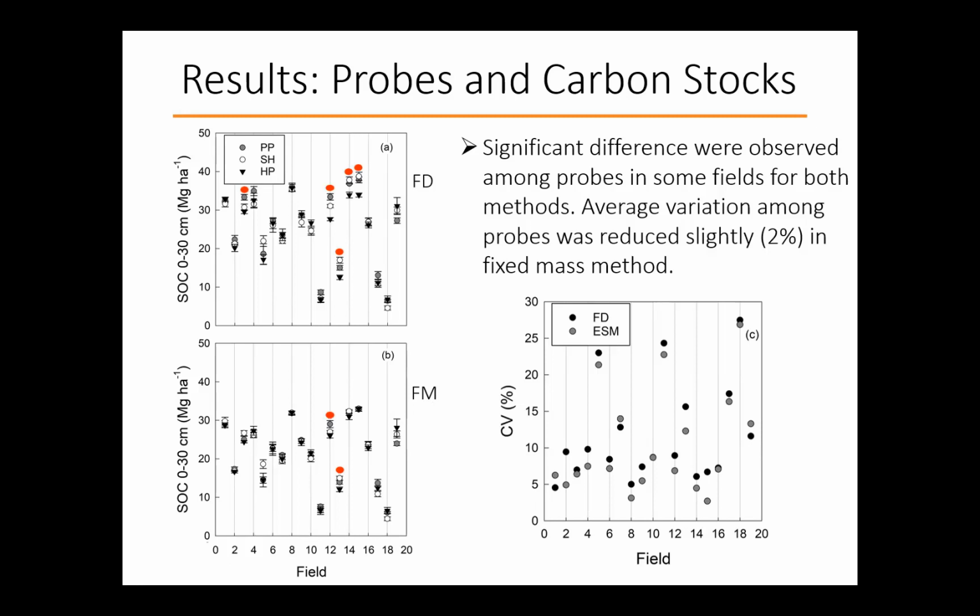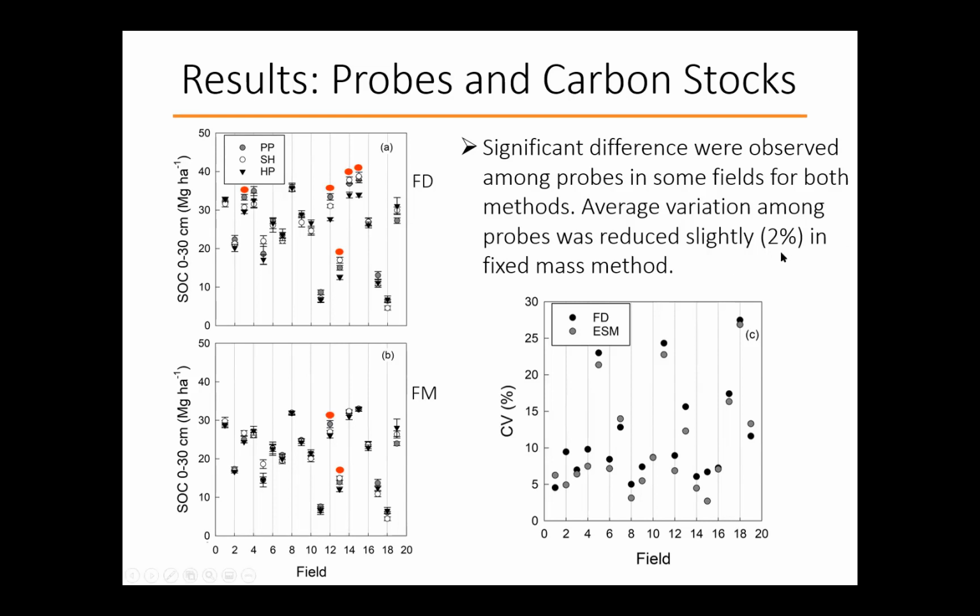So it's difficult to tell, but yes, fixed mass tends to reduce the variation, but it doesn't completely eliminate the difference between the probes. When we look at the variation among the probes, and how fixed depth and fixed mass fared, overall fixed mass reduced the variation among the probes, but only slightly.